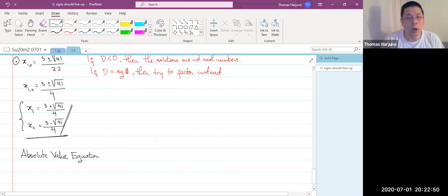The basic one is the following. If we have absolute value of x equals a positive number C, then either x equals C or x equals negative C.